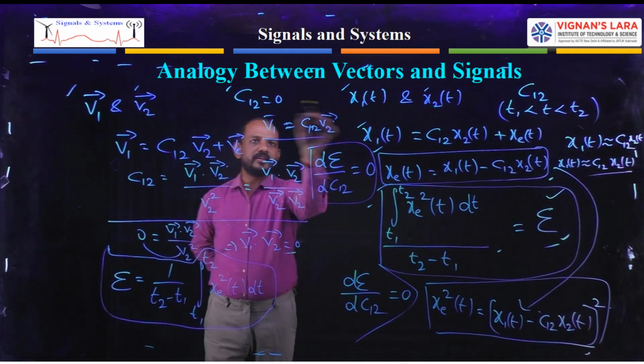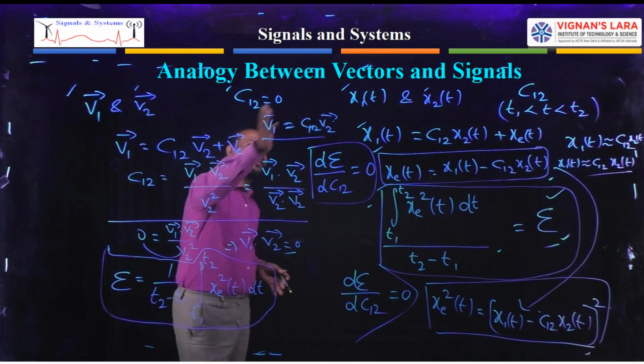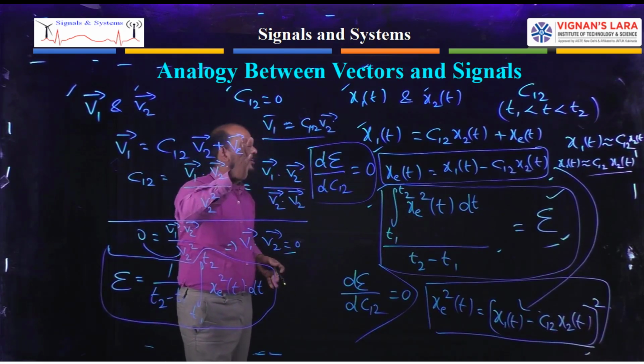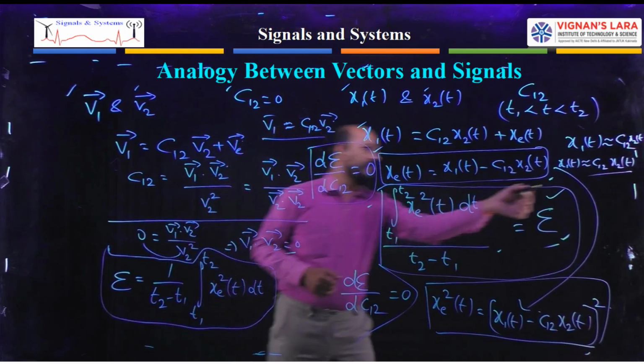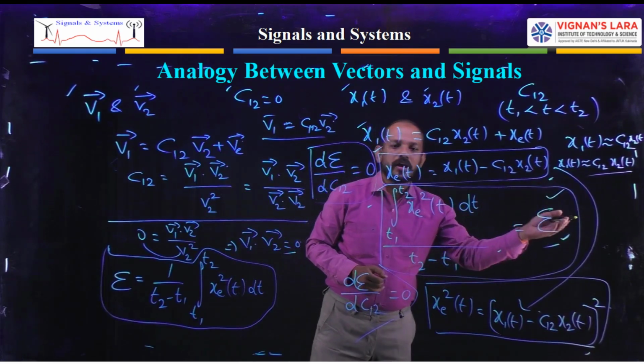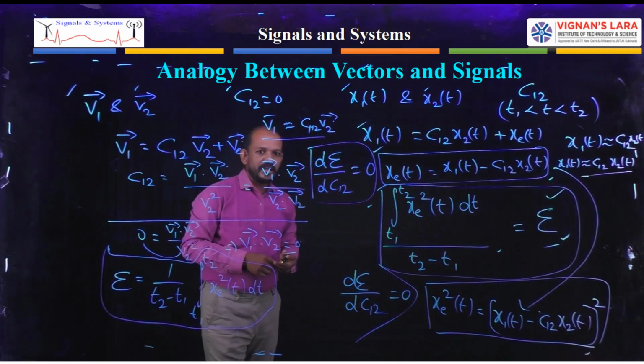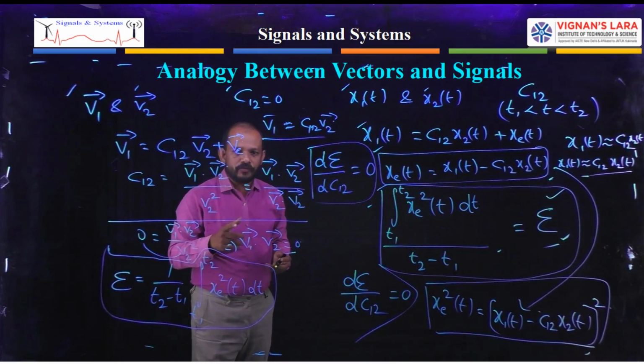So how can we read this? This is the component of v1 along v2. Here also we can say that it is the component of x1 of t along x2 of t.